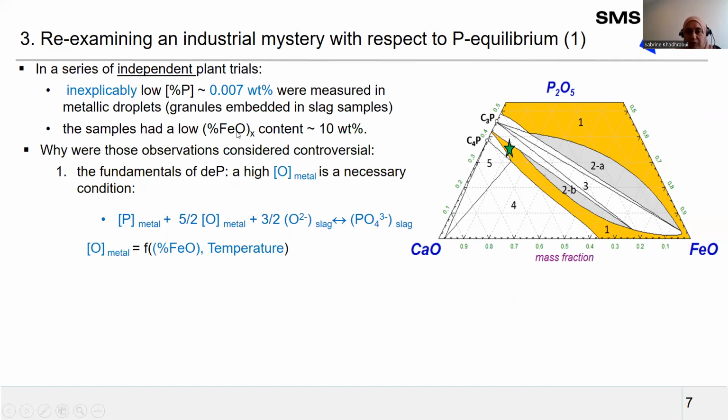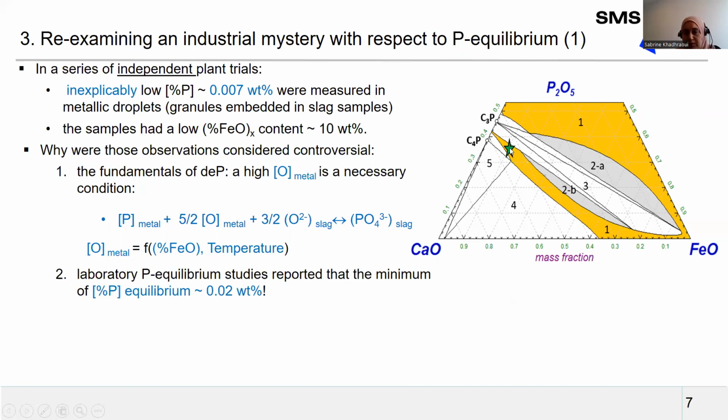So at such FeO contents, and these are the data points here, we were not expecting dephosphorization to happen, and getting such low values even.